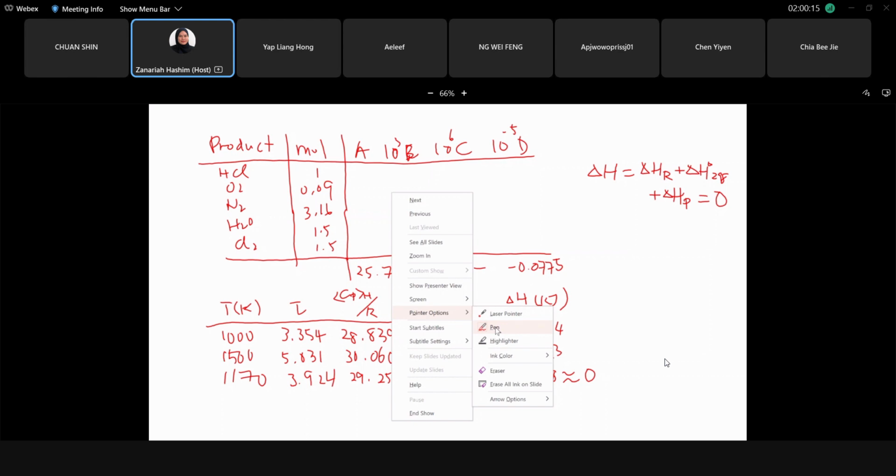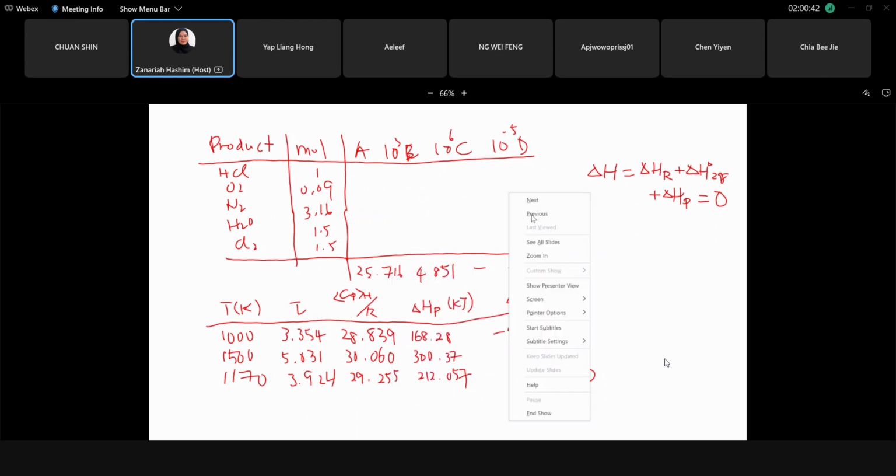Sebab kalau you nak solve just this one question, probably will take 1 hour. So in the actual test, the question itself will be much simpler lah. Mungkin you akan ada cuma HR sahaja, and then the HP will be 0, for example. So normally just one calculation of this, that is requiring this table, so that you don't spend too much time for the calculation lah.